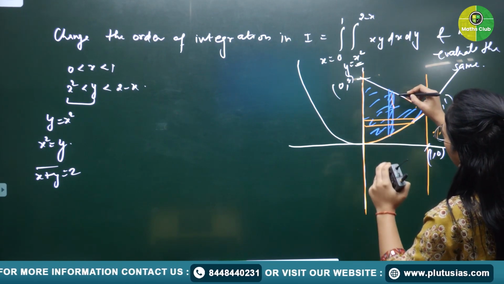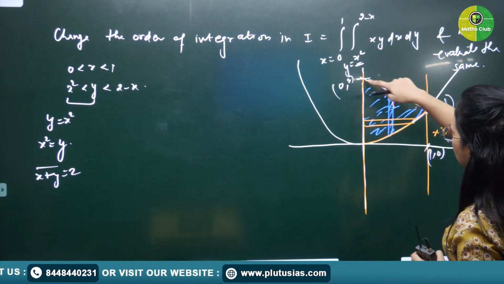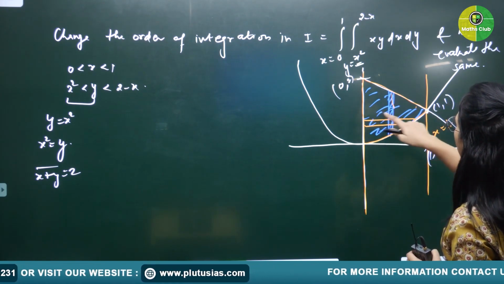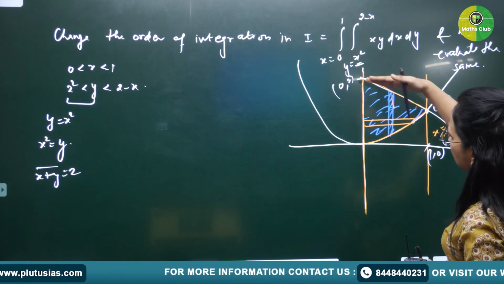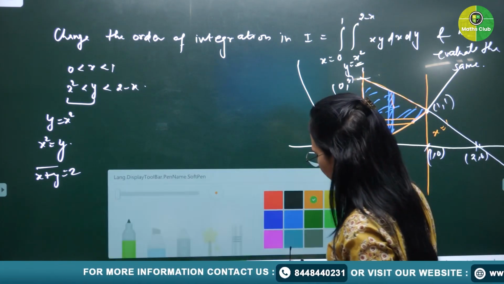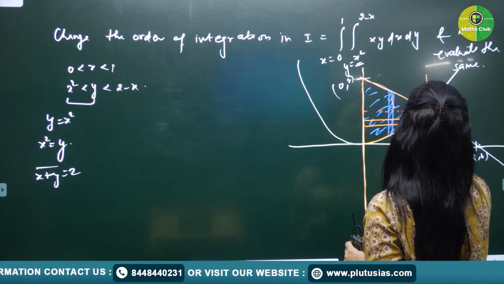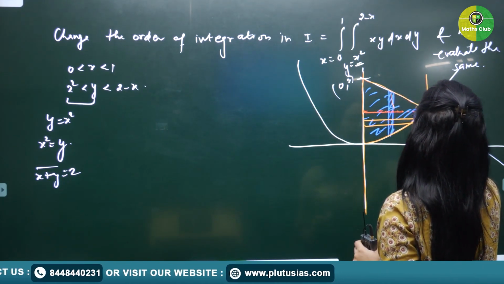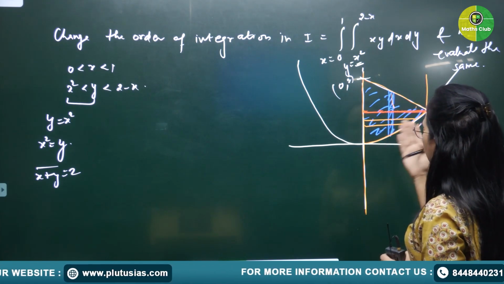So there is a change of curve in this question. From here to here we use this curve, and then we need to go along this curve. So what will we do? We will draw a line from the point where the curve changes. Okay, this is the boundary, and now we need to fix the limits.